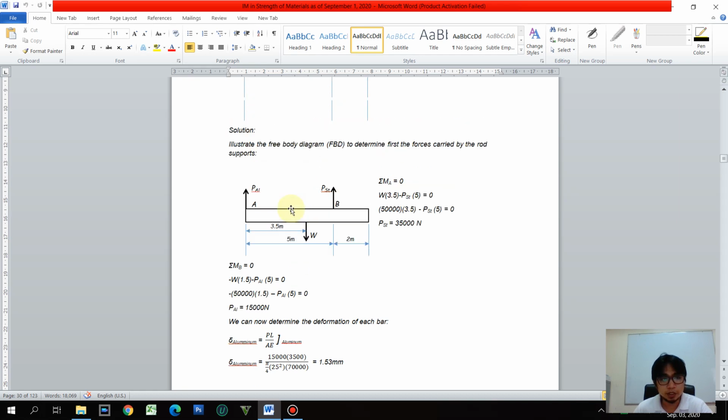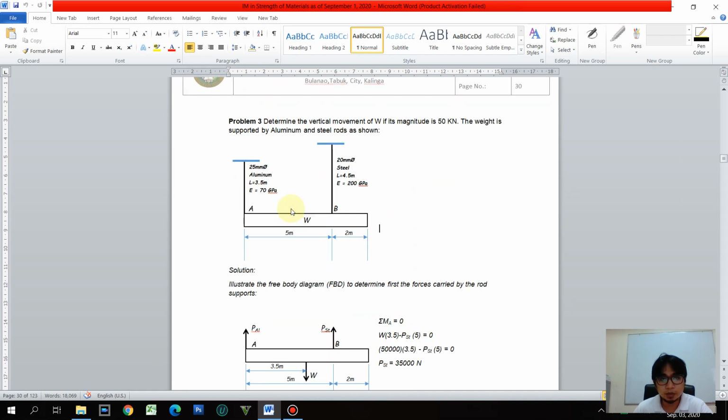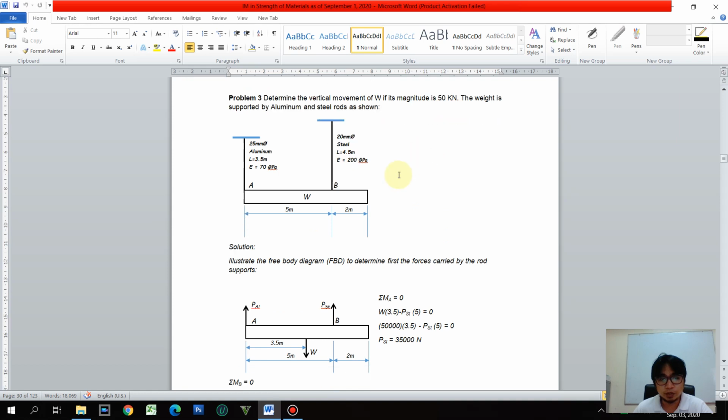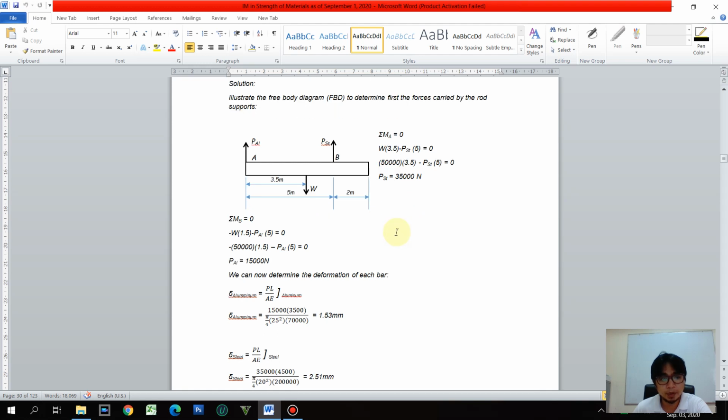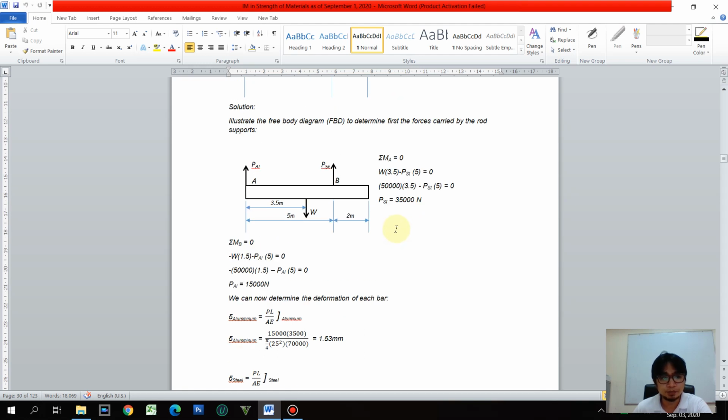So let us do that now. We have 50 kilonewton here. Summation moments at B to solve for aluminum, and summation moments at A to solve for the axial load at the steel bar. Okay, so that is the first step.